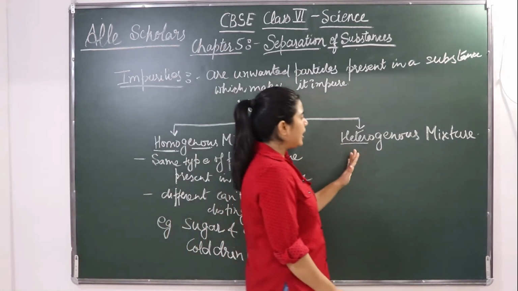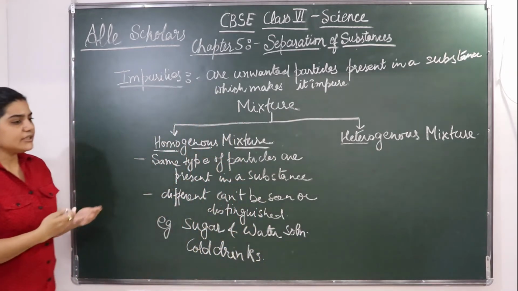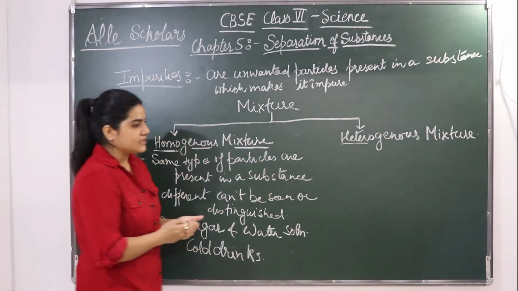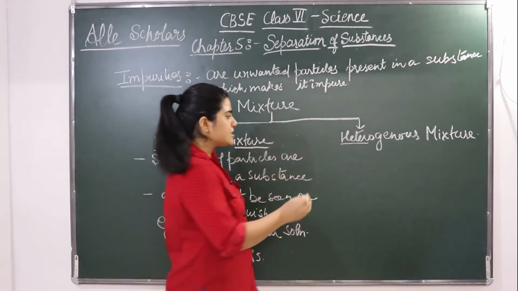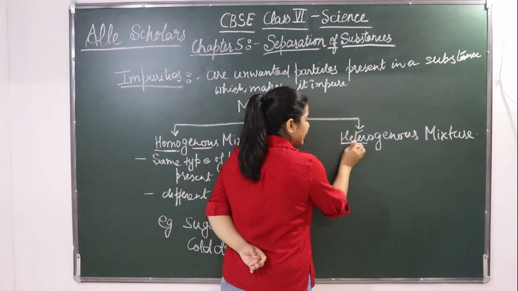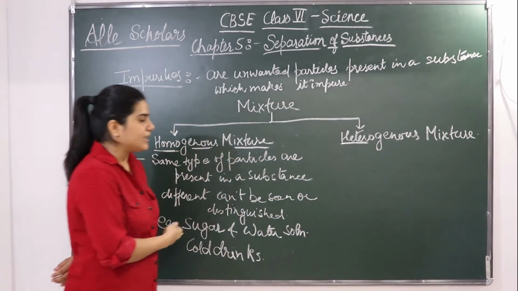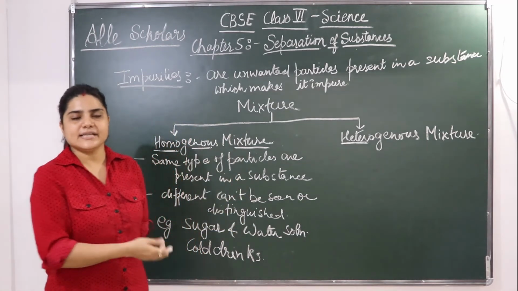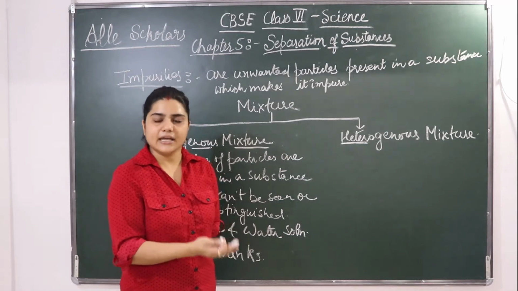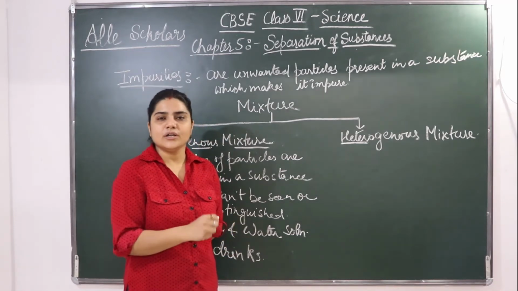Now let's come to heterogeneous mixture. What is a heterogeneous mixture? The mixture in which particles of the substances present can be seen. Okay, because the particles are of different types, different in look. So the particles that are present in the substances can be seen easily. Okay, example, water and oil.